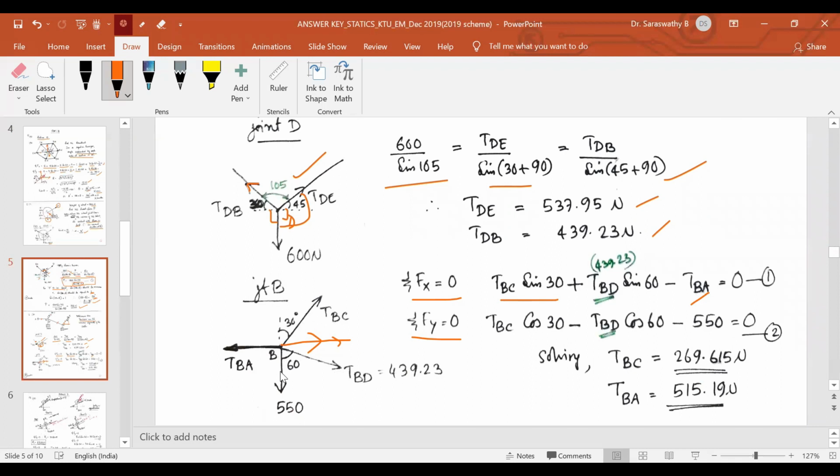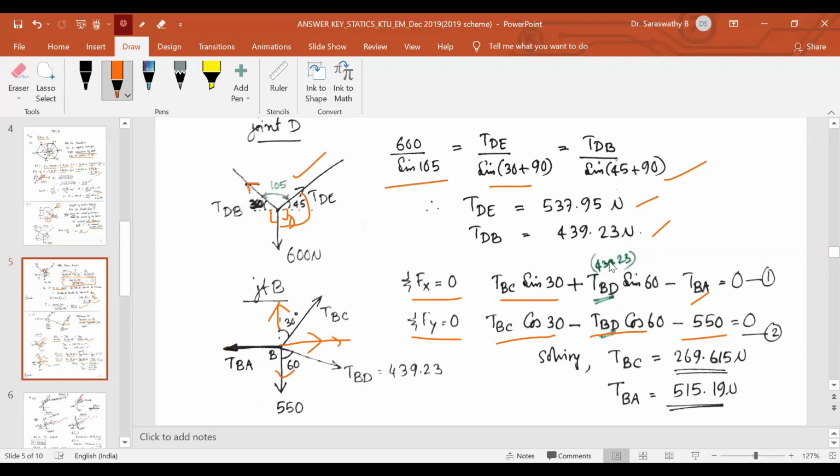Now apply Fy equal to 0. TBC vertical component will be in this direction. The angle with vertical is 30, so TBC cos 30 upward. The TBD component will be downwards, TBD cos 60, so it is minus, minus the weight, equal to 0.